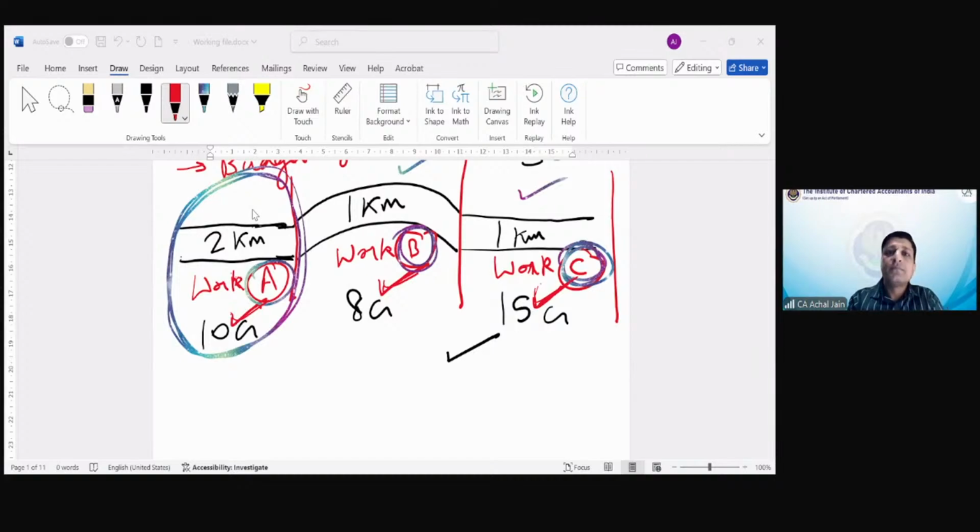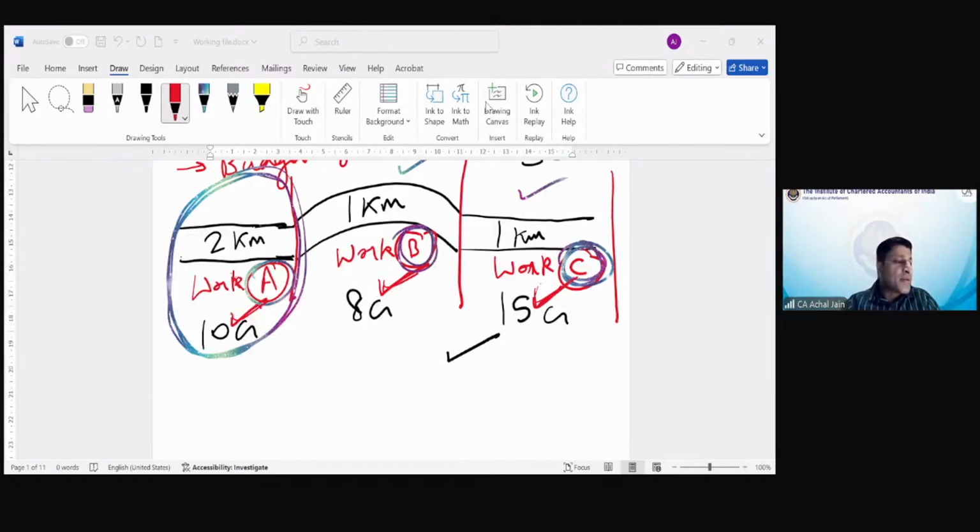That's how it is required to be looked at. Clear? Any more questions on this? So the moment it's interdependent or interlinked, they will be combined, and accordingly revenue will be recognized.